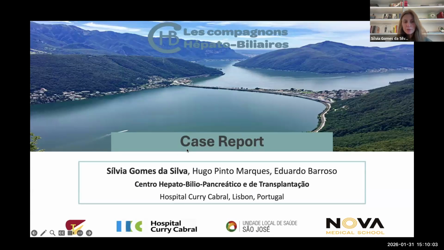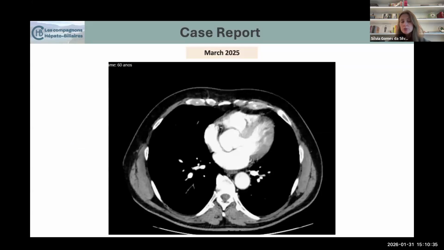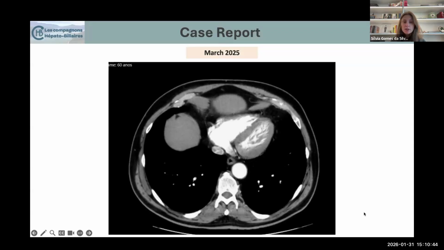Yes, okay. So the case was about a 60 years old male patient with obesity, and the patient was totally asymptomatic, but goes to a private clinic because of an umbilical hernia. And here in Portugal, for the security refundment, we have to have the imagiology confirmation of the hernia. So they performed a CT scan because of the umbilical hernia. And we actually saw this.